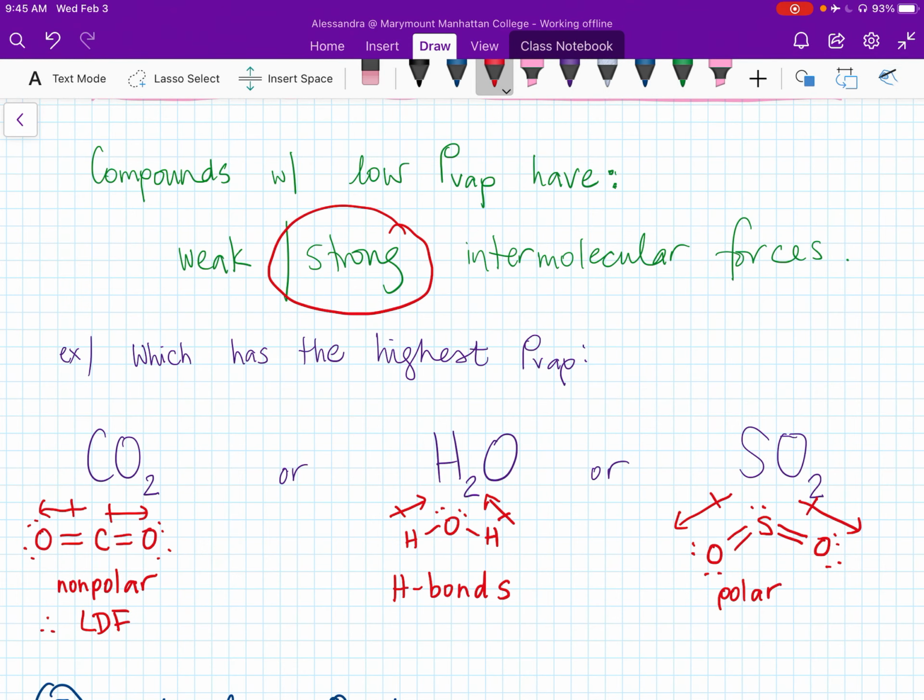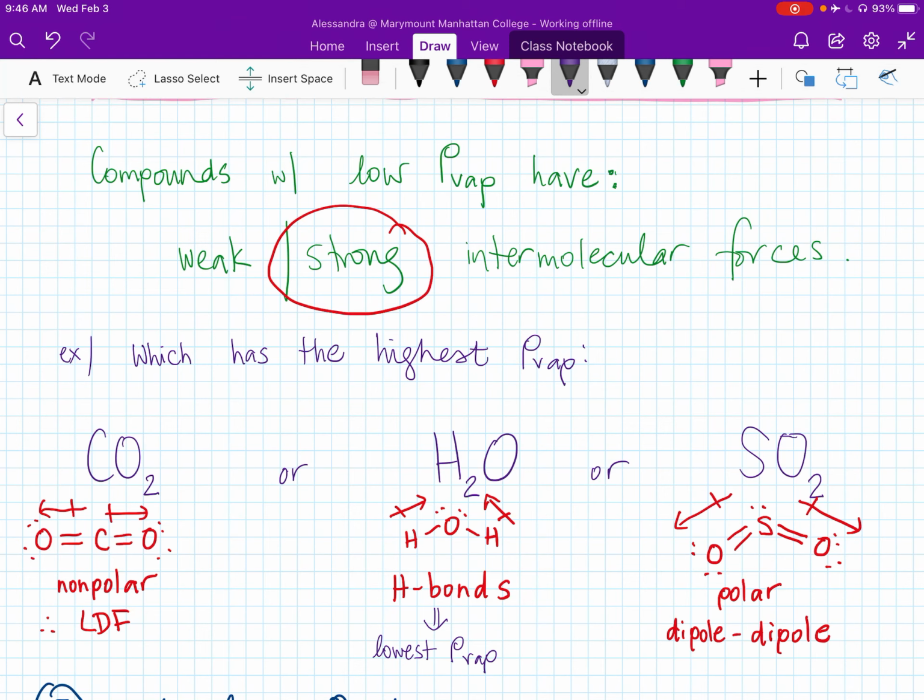CO2 and SO2 are very different molecules because of the extra electrons on the sulfur. However, we don't have any hydrogens in this molecule, so the strongest intermolecular forces at play are going to be dipole-dipole forces. So 3 different types of forces. The hydrogen bonds are going to be the strongest forces. Strongest forces are going to mean lower vapor pressure. So hydrogen bonds, that's going to be the lowest vapor pressure.